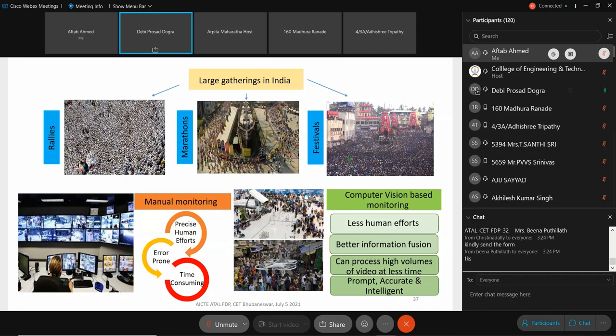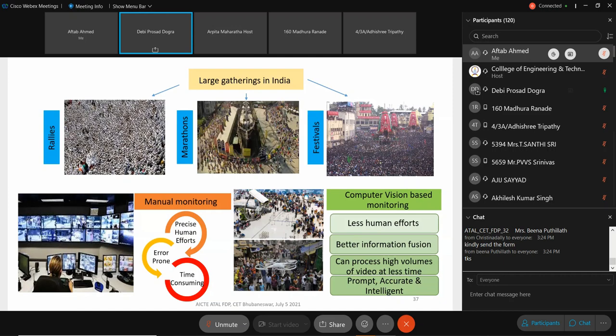And we all humans are prone to errors. If we are asked to do one thing for a longer period, we may make mistakes. That's why it's error prone. It's also time consuming. If you have a large number of CCTV cameras and display systems, finding the exact point may be a time consuming thing.